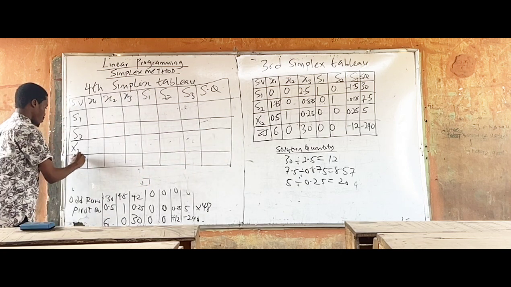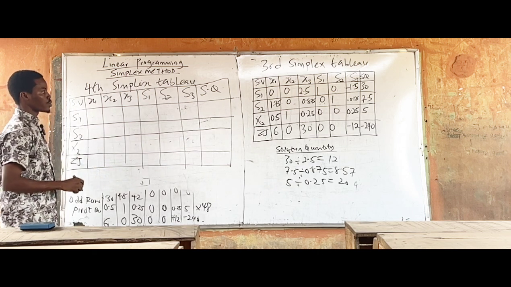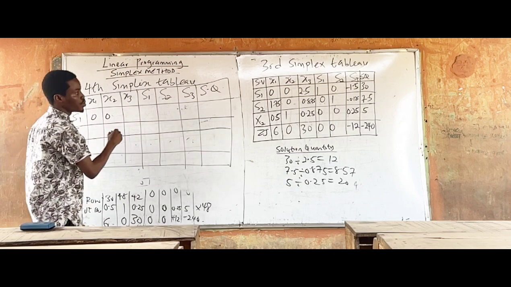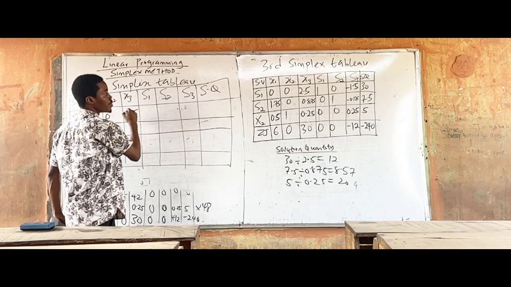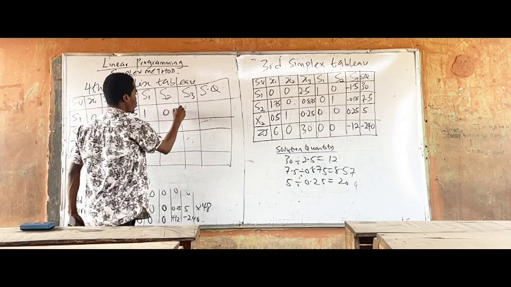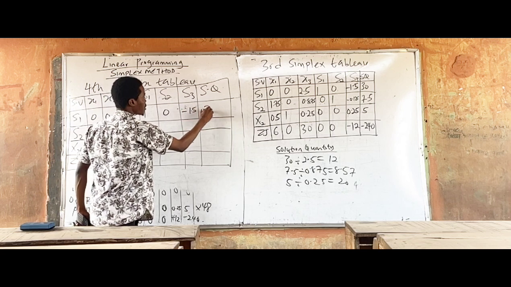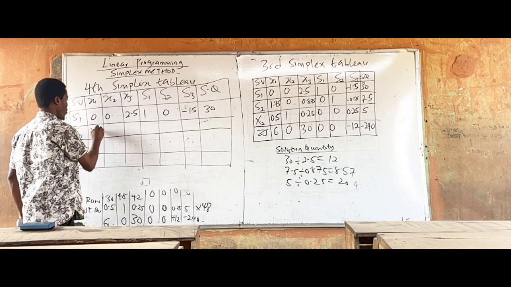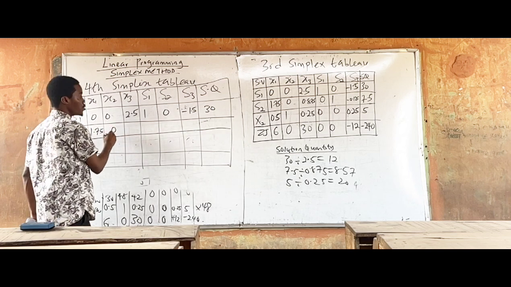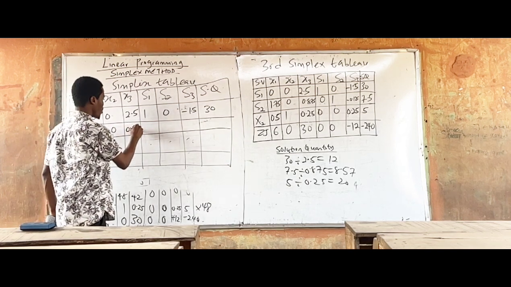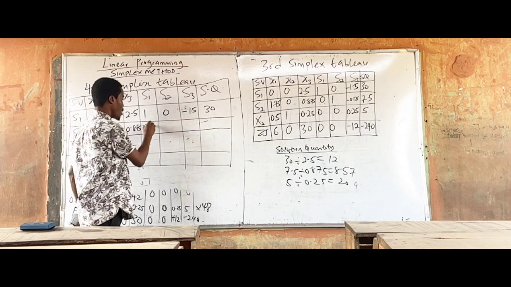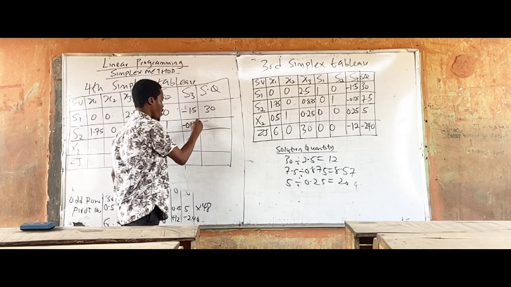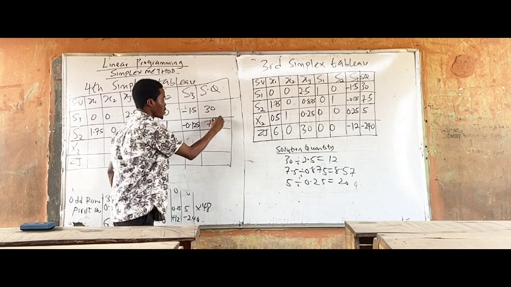So if you look at this, my elements in the next row are 0, 0, 2.5, 1, 0, minus 1.5, and 30. Then 1.75, 0, 0.875, 0, 1, minus 0.125, and 7.5.